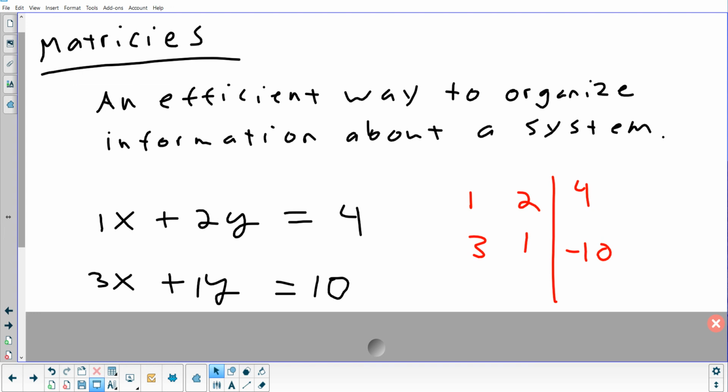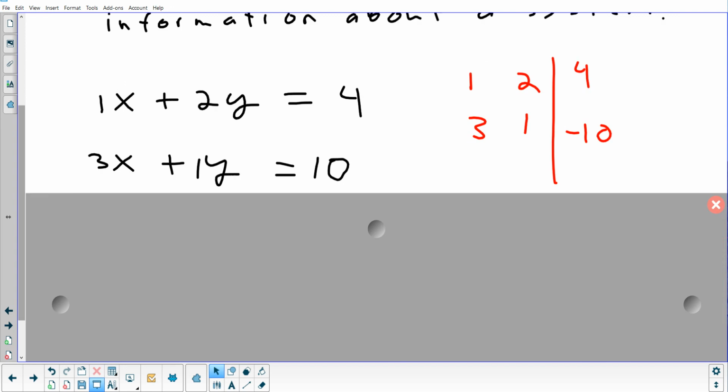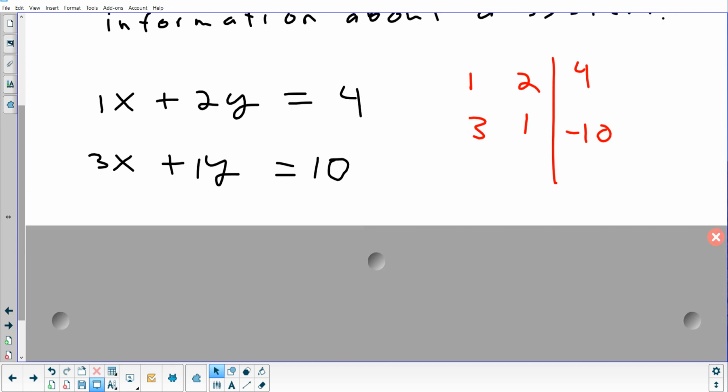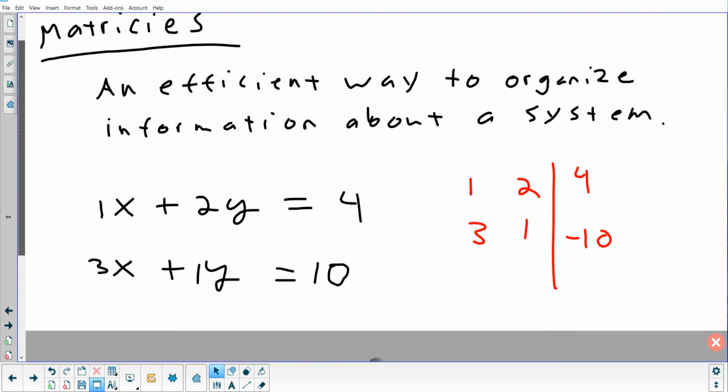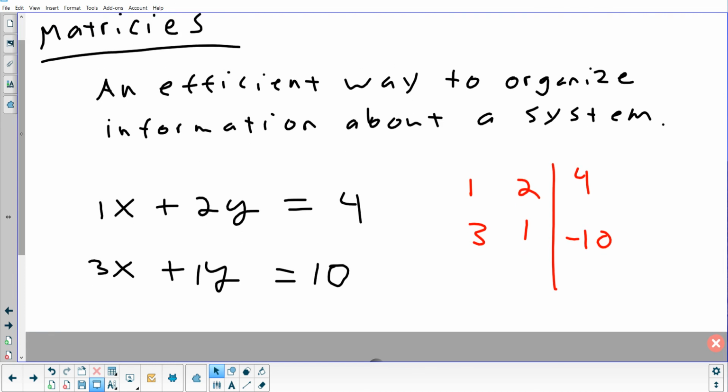You can do it in a matrix a lot easier than trying to do elimination by hand. You can also use a graphing calculator with matrices. We don't really get into that because we don't do a big enough matrix for it to be worthwhile, but you could.